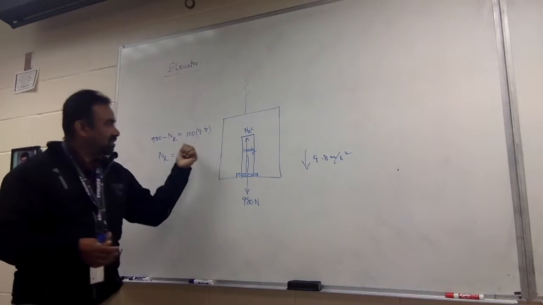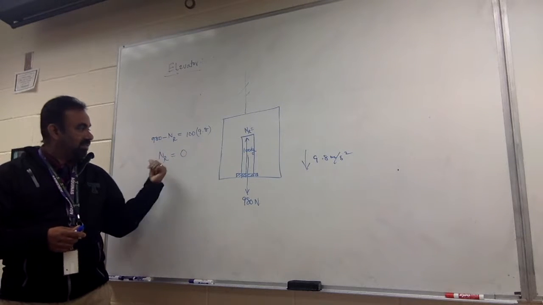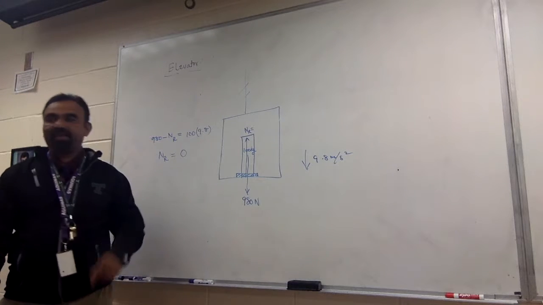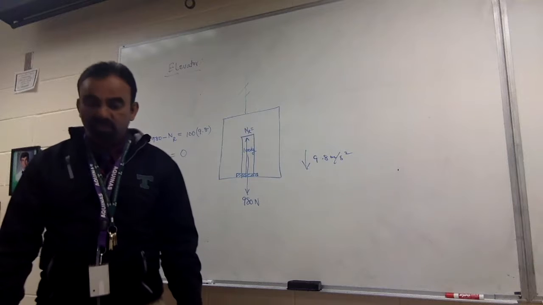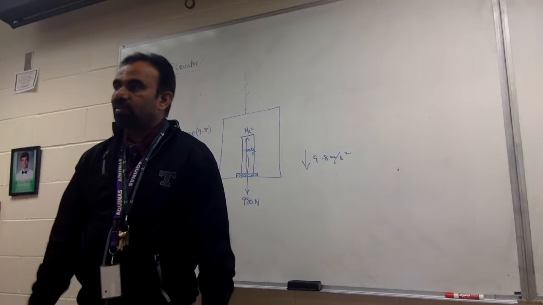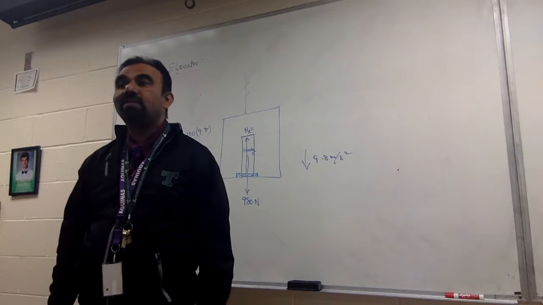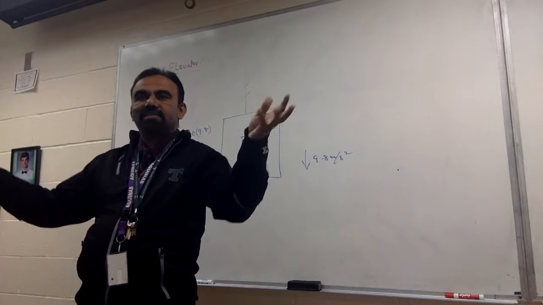Since the acceleration is 9.8 meters per second square, the normal reaction is 0, because the net force is 980, which means NR is 0. When NR is 0, you are literally not making contact with the ground. So how much do you feel? You'll feel nothing. You'll be weightless.